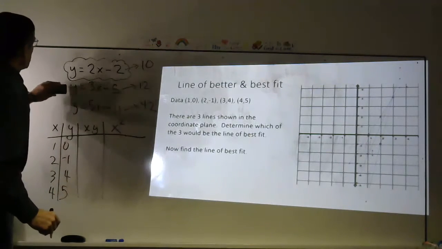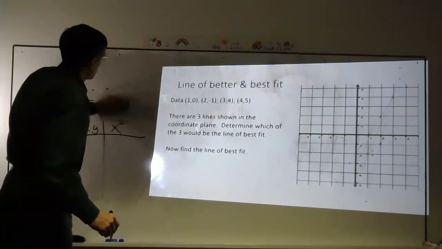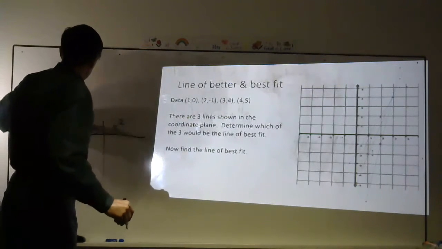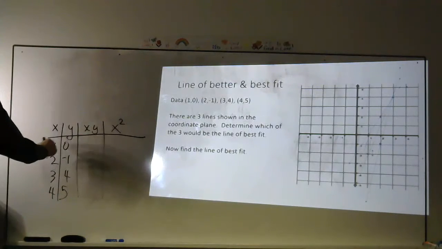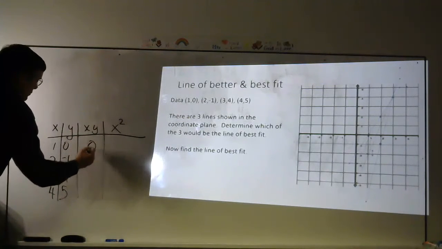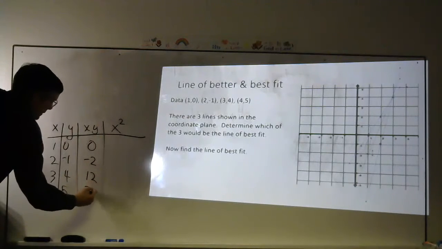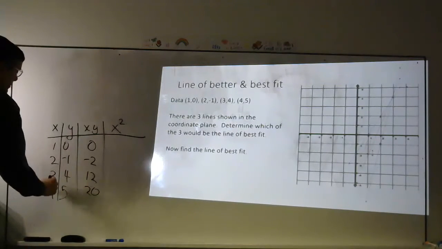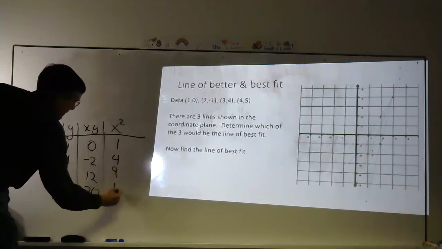So, the line of best fit, pardon me, let's get rid of this. Okay, and now we want to multiply to get your xy's here. This is 0, negative 2, 12, and 20. Your x squareds are 1, 4, 9, and 16.